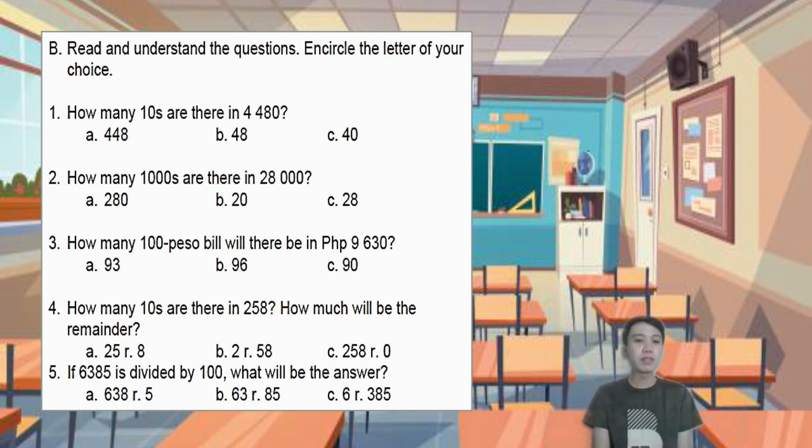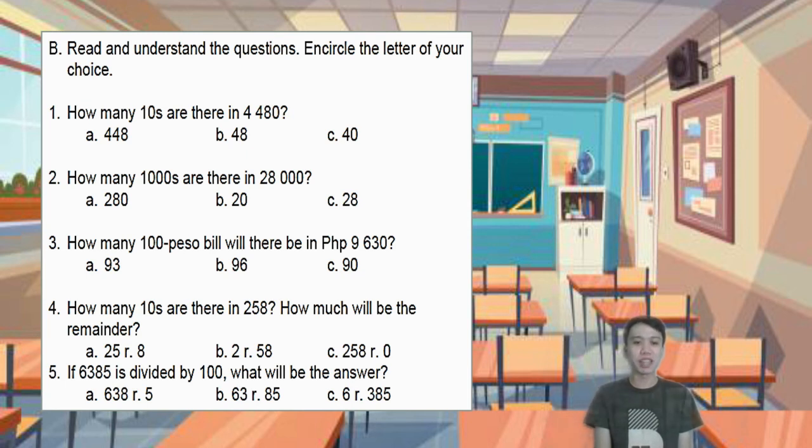Number 3. How many 100 peso bills will there be in 9,630? A, 93. B, 96. C, 90. Number 4. How many tens are there in 258? How much will be the remainder? A, 25 remainder 8.